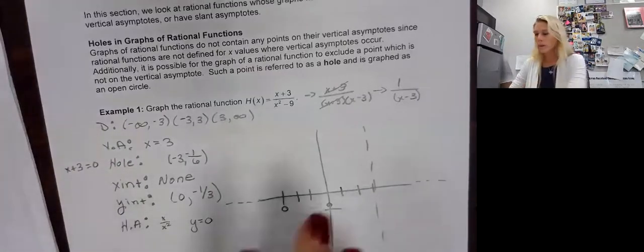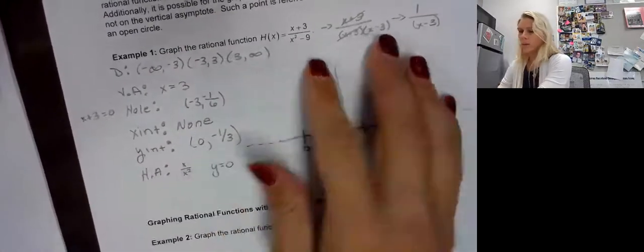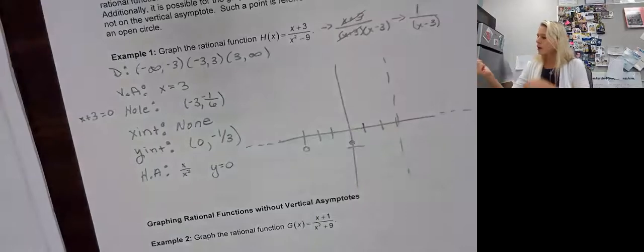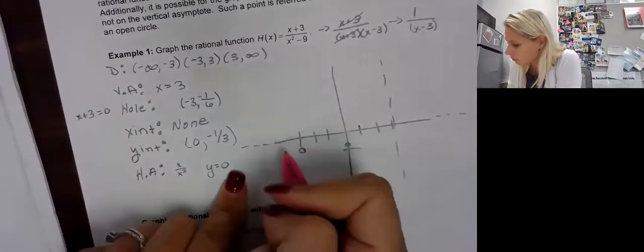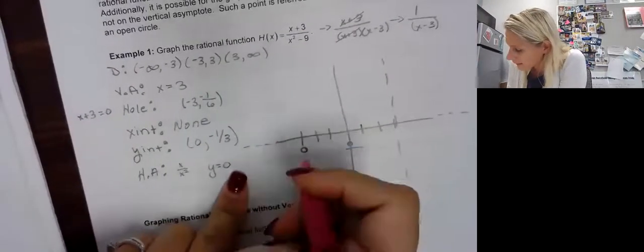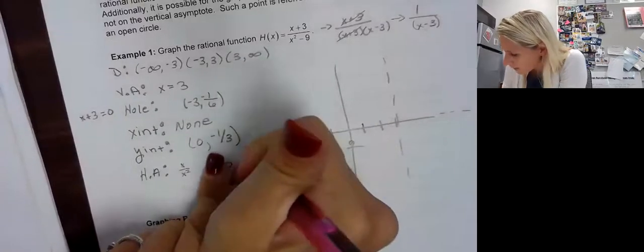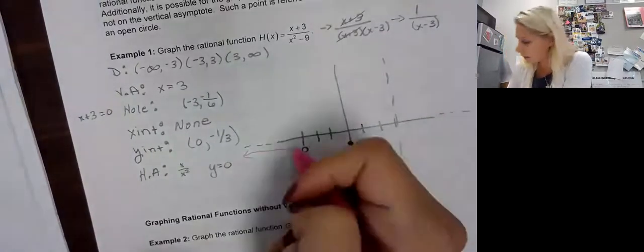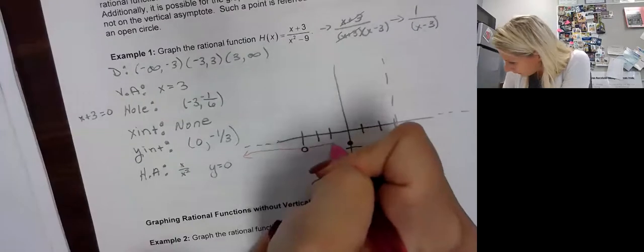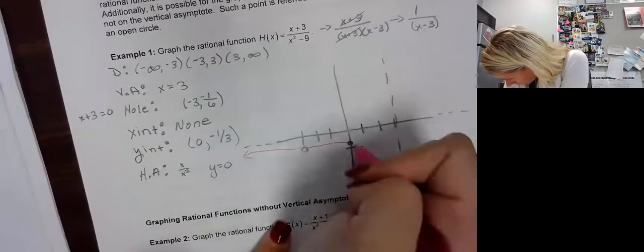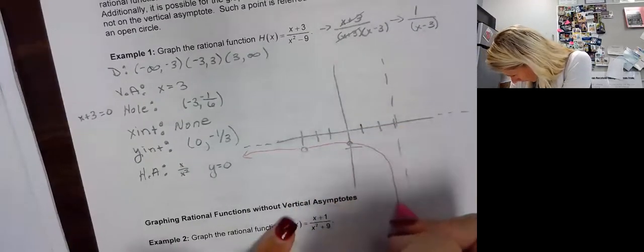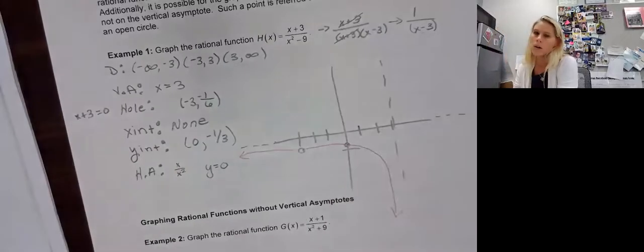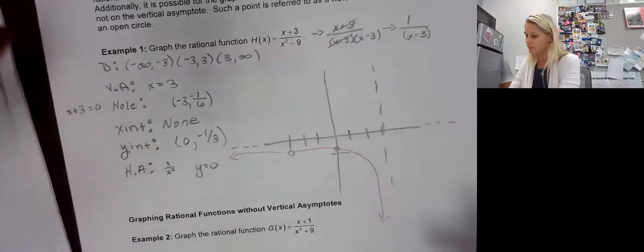Now, just like we learned in the last section, we can either plot a point or we could say, well, I know here this is coming closer to our horizontal asymptote. These have to cross, and then it comes down close to that vertical asymptote.